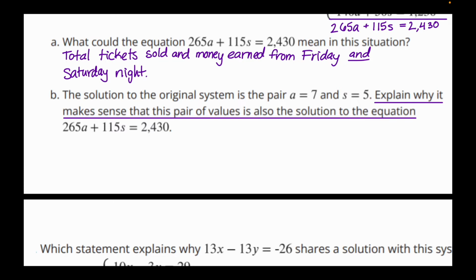So we can say the solution represents the ticket prices.